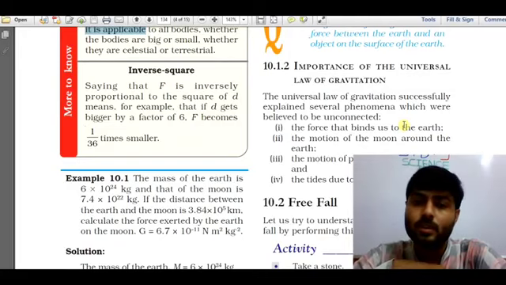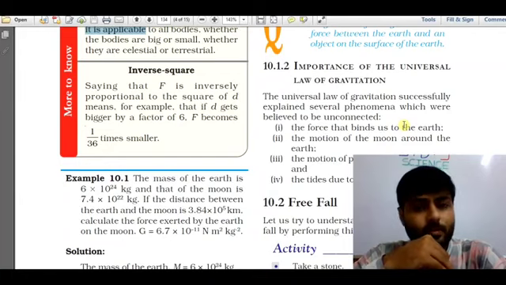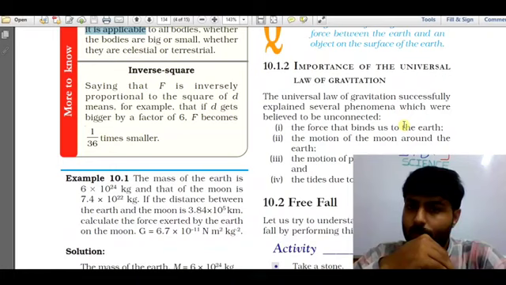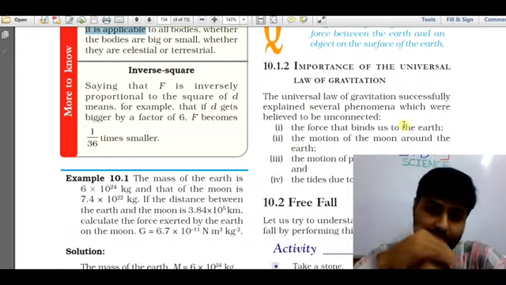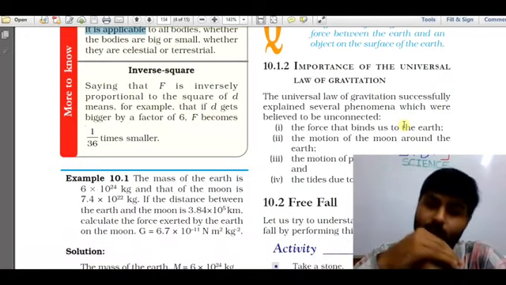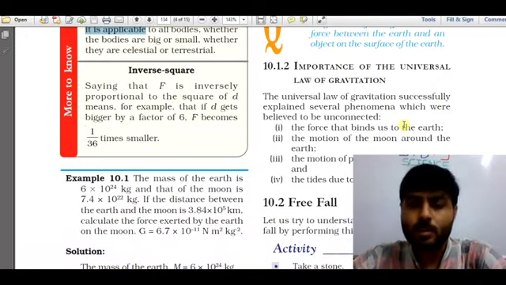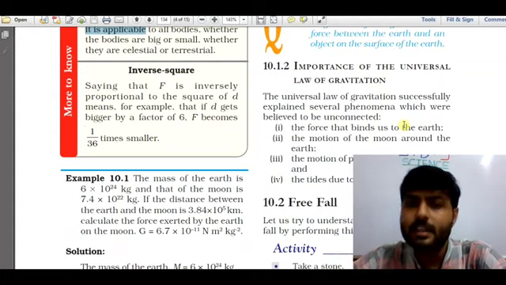There is some force that binds us to earth, but before the discovery of this gravitational force, we didn't have an answer to this question of why we are attached to earth's surface. So here the first point, the force that binds us to the earth is gravitational force.